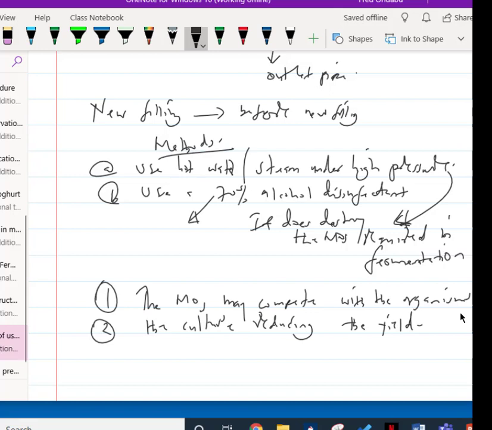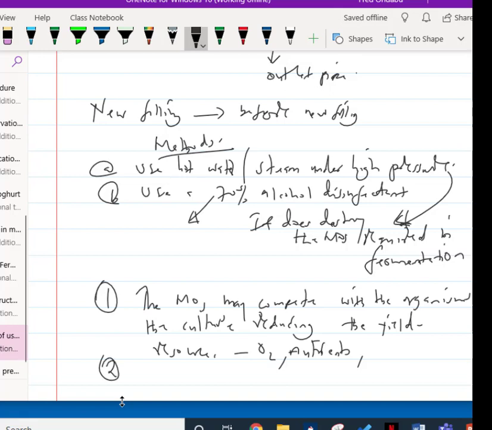They are likely to compete with them for food nutrients, for oxygen, all that. So this will reduce the yield of the products.